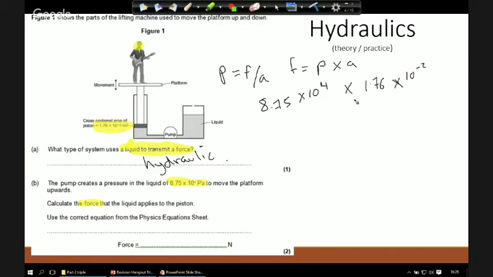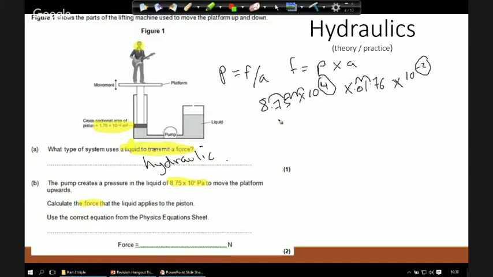Now, if your calculator, for whatever reason, doesn't like using standard form, or you don't like using standard form, feel free to rearrange it. You'll know that for the positive power you move the decimal point 4 times to the right, 1, 2, 3, 4, and for the negative power you move the decimal point to the left twice.